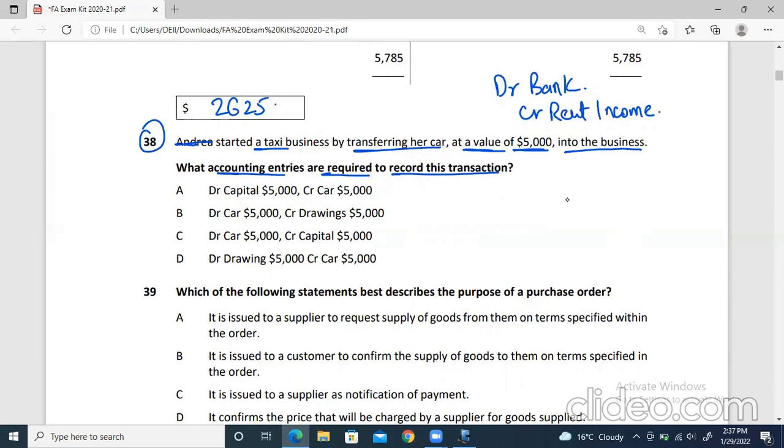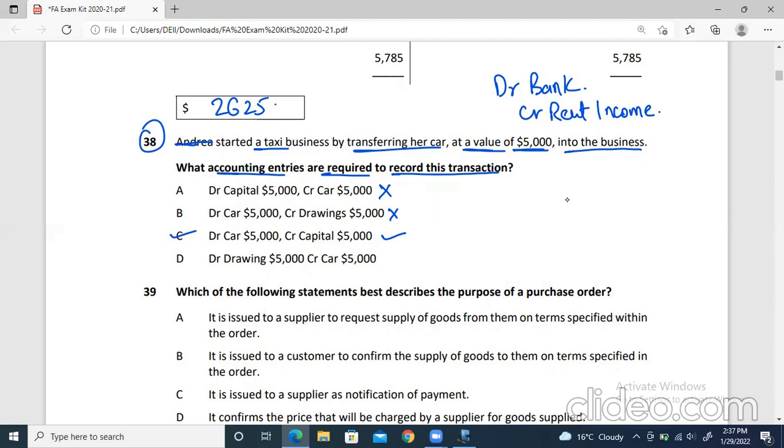Now let's see what the entries would be. Option A is debit capital. We never debit capital, right? So this entry is wrong from the start as well. Now debit car 5,000, credit drawings 5,000. No, there is no drawings over here, right? So debit car 5,000, credit capital, yes, this is the correct entry, option C. Again, she already purchased the asset beforehand, but we are accounting for the entries from the business point of view, right?